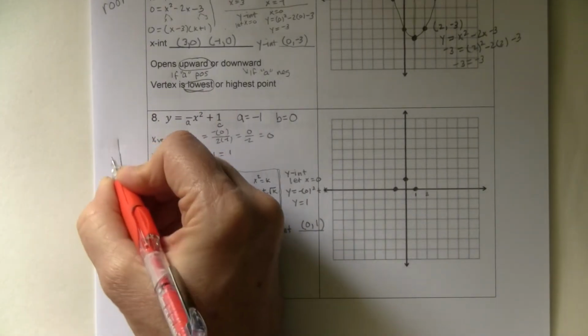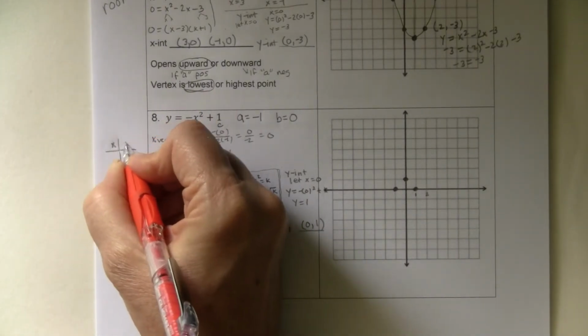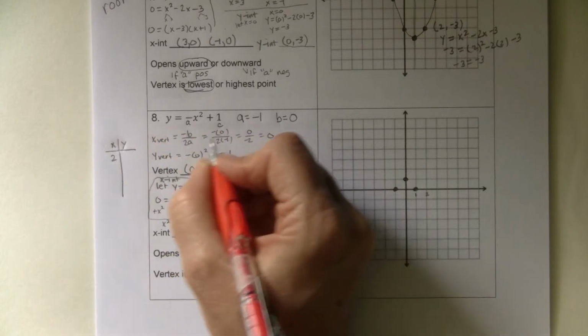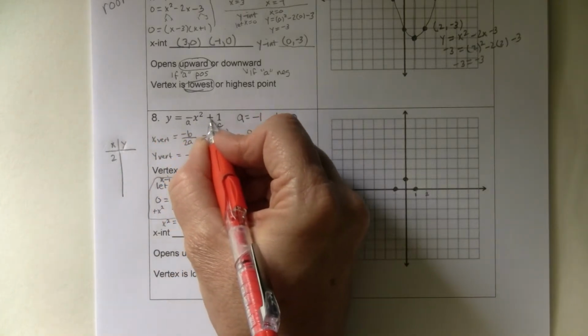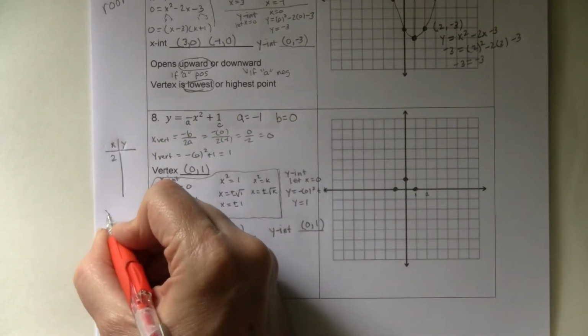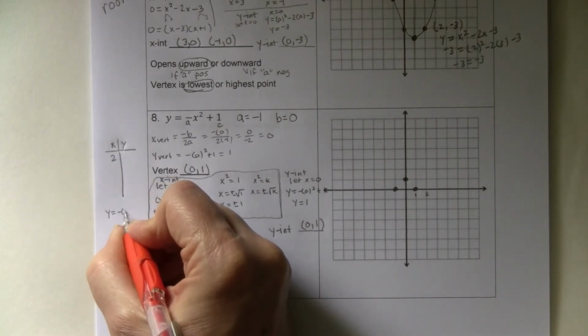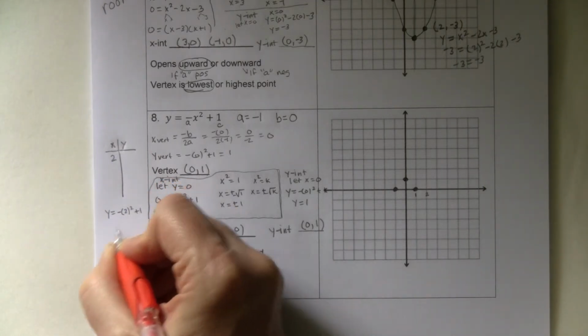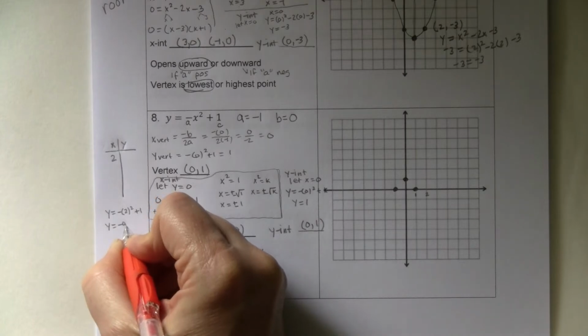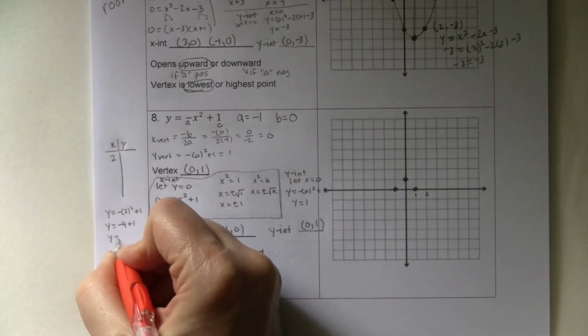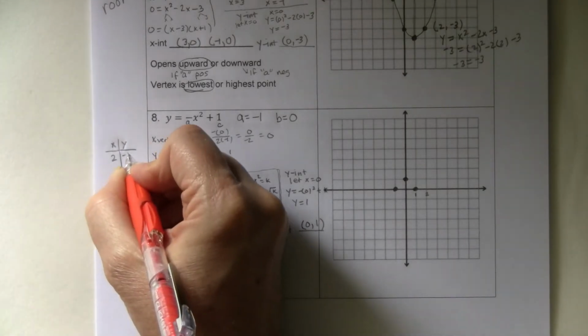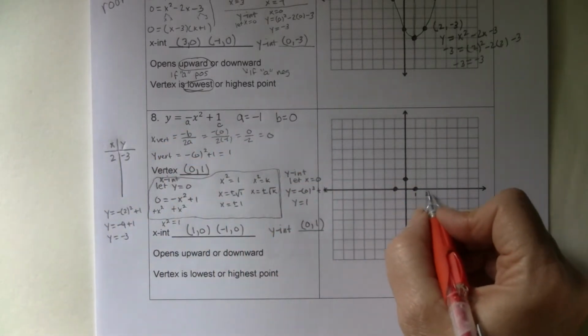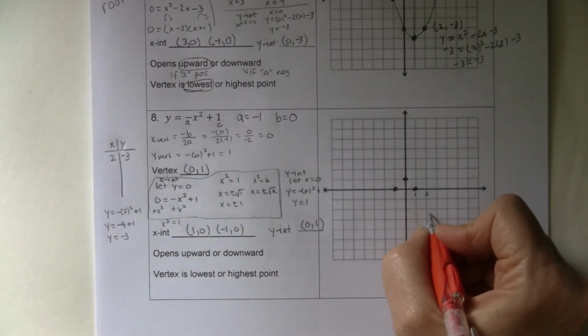And I'm going to put it right here. So when x is 2, I'm going to be plugging that in and just doing the arithmetic. So that'll be y equals negative of 2 squared plus 1, which is y equals negative 4 plus 1, y equals negative 3. And so 2, negative 3.